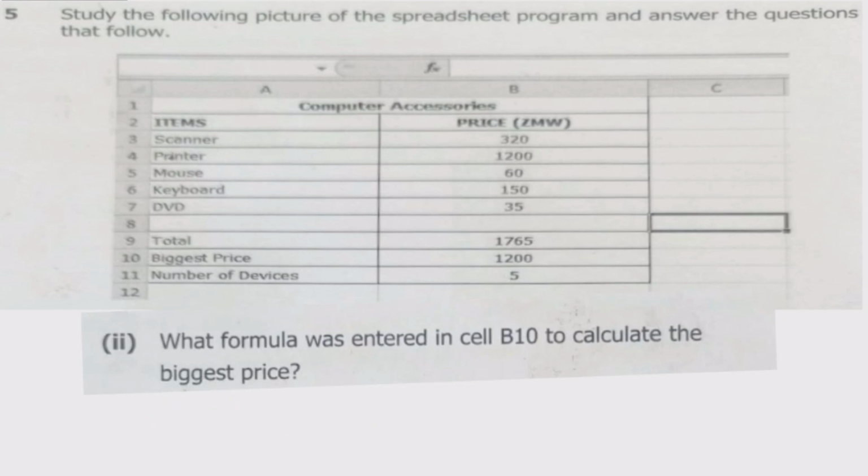We come to question 5b2. Remember that one was 5b1. Now 5b2 is: what formula was entered in cell B10 to calculate the biggest price?